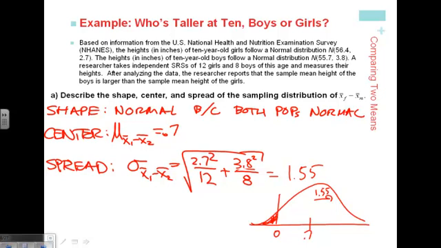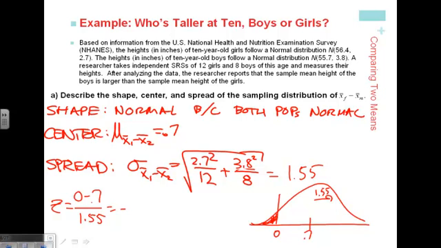Can I calculate the area under that curve? Should be able to. Z is equal to 0 minus 0.7 divided by the standard deviation of that distribution. This is going to be something like negative 0.5 or 0.6.